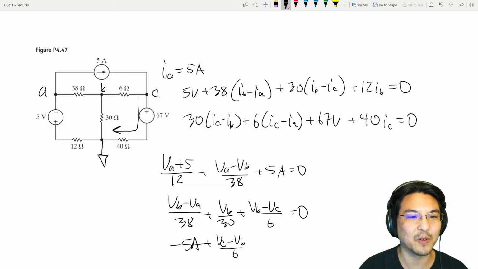Okay, so what's the voltage here? More or less than here? Less. How much less? This much. So the voltage here is VC minus 67. The voltage here is 0. That's our reference. So what's the current going through this resistor?